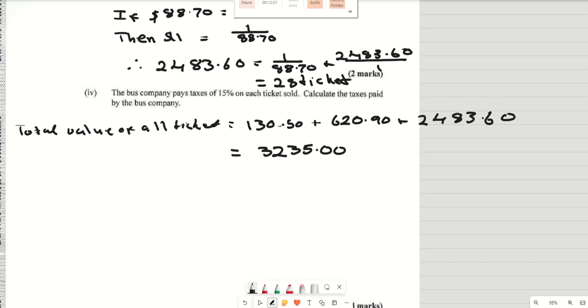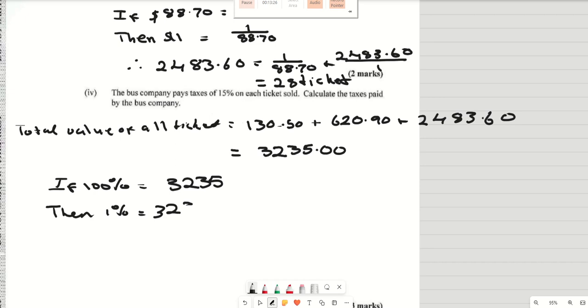Now they're saying that they want to know calculate the taxes paid. Now this is your original. How much is your original? 100%. This is before any change, right? So if 100% is equal to $3,235, then 1% would be $3,235 divided by 100.